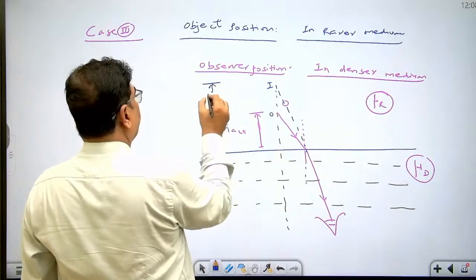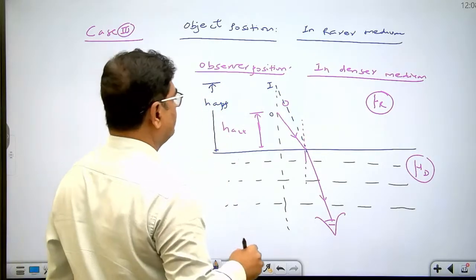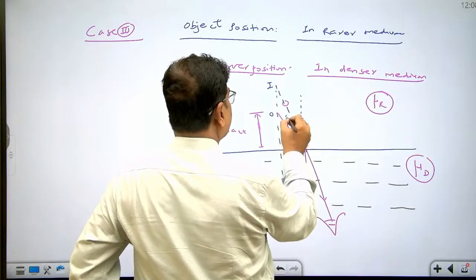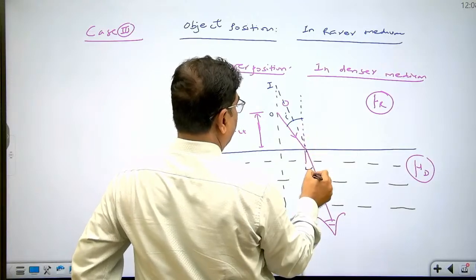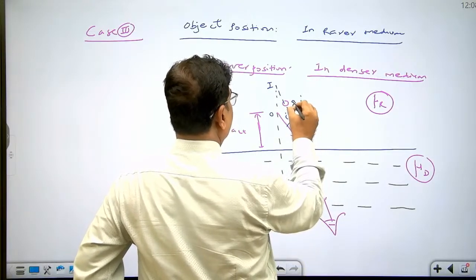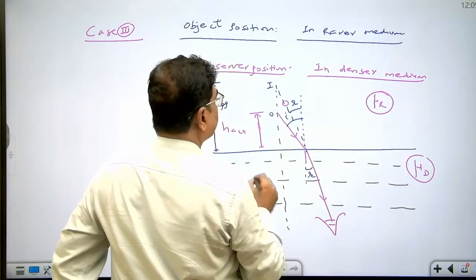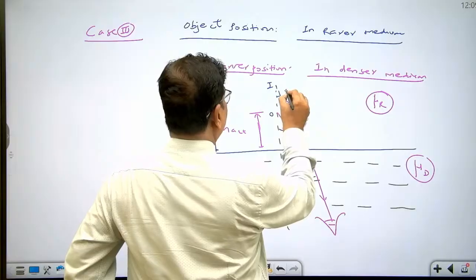This is the apparent height. This is angle of incidence and this is angle of refraction. This opposite angle, this is R. If this is I, this is also I. If this is R, this is also R.